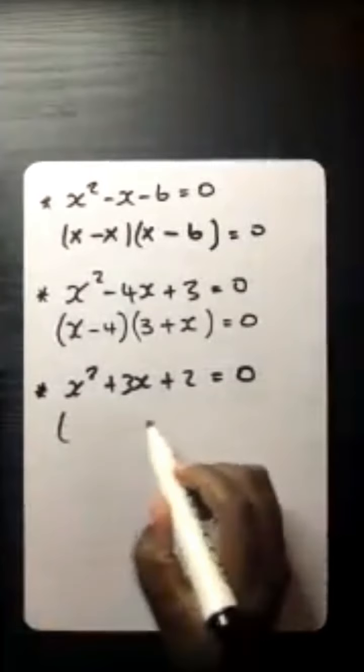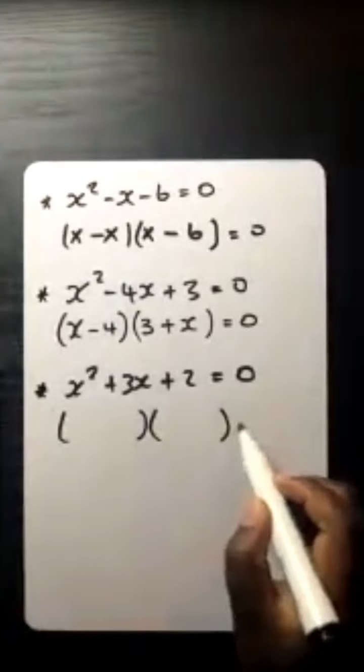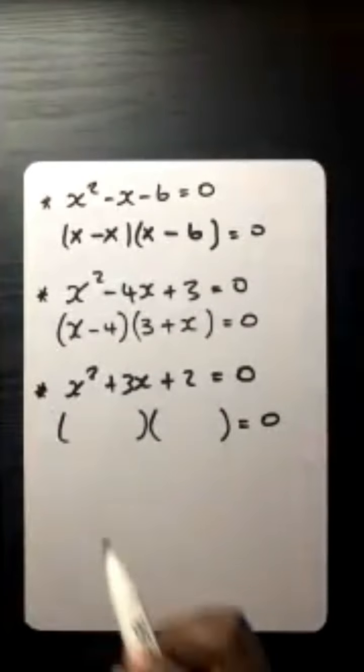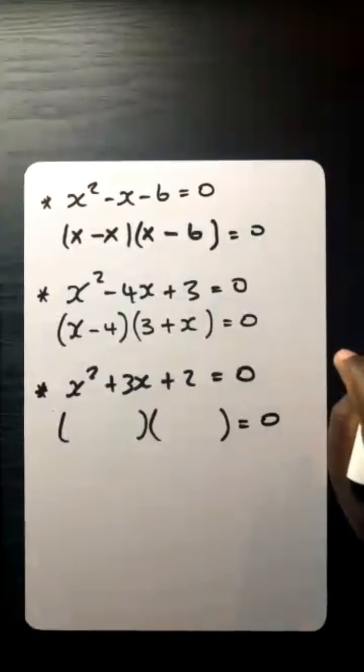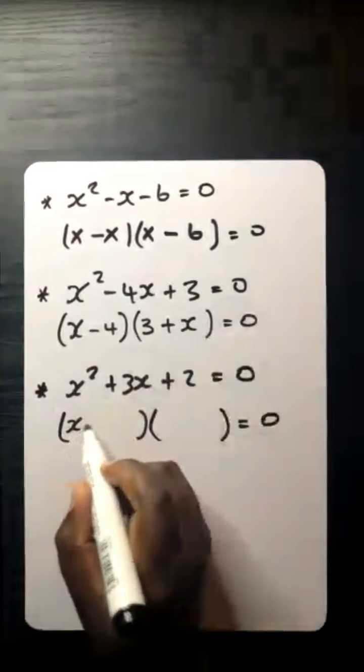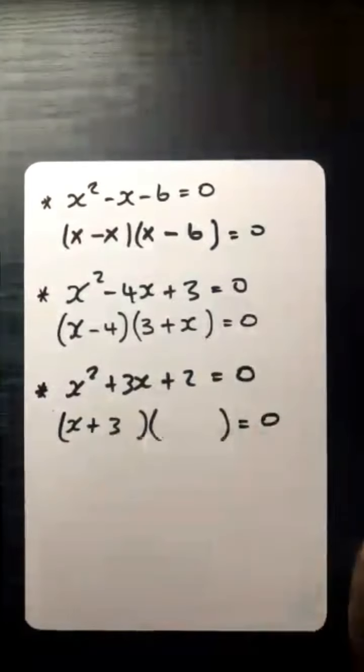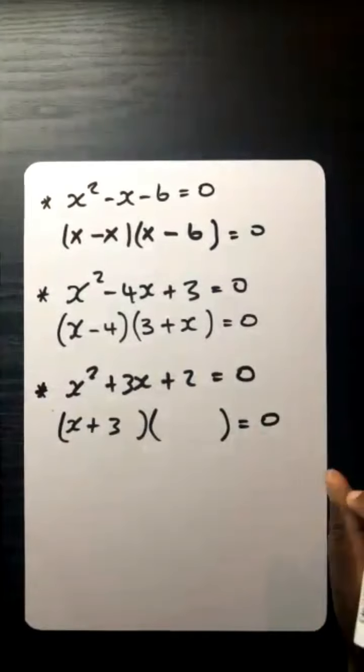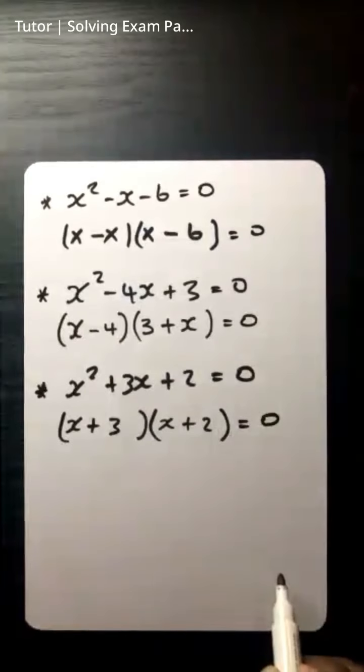So obviously you'll have those brackets. Then you can tell me what to write inside. So I'll have x plus 3, and then in the second bracket, I have x plus 2. Okay.